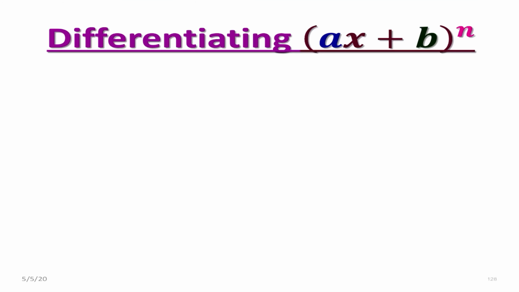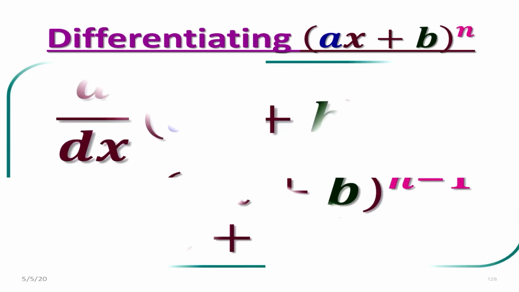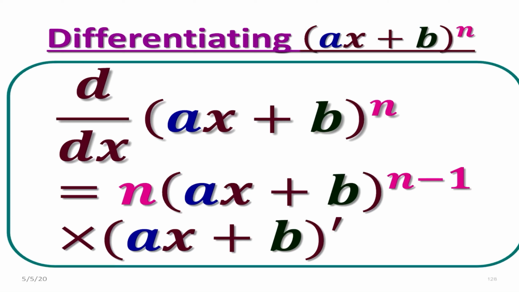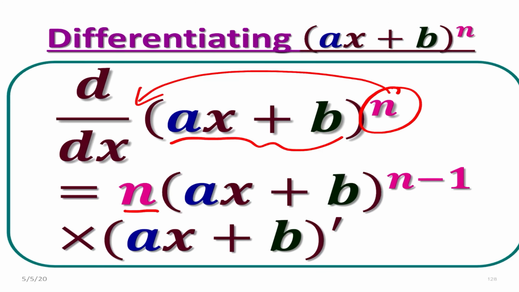This example can be generalized. Say we have the expression ax plus b raised to the nth power. Let's differentiate this. Again, we use the chain rule. First, take the derivative of the outside function, the power, by applying the power rule. So n comes out front, and we reduce the power by 1, so the new power becomes n minus 1, keeping the inside function ax plus b alone.